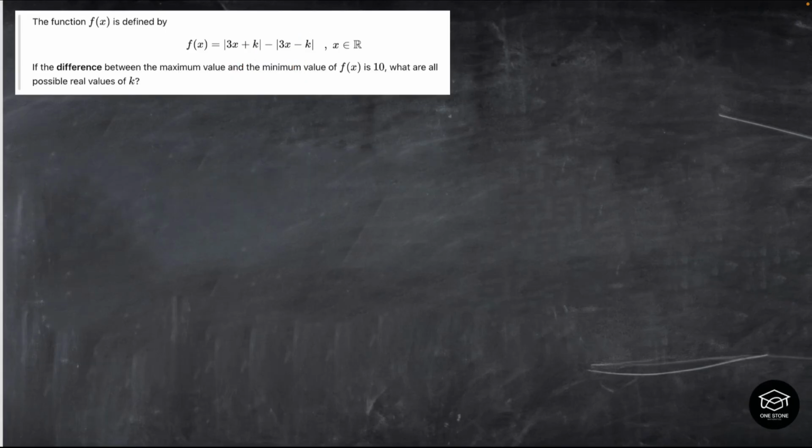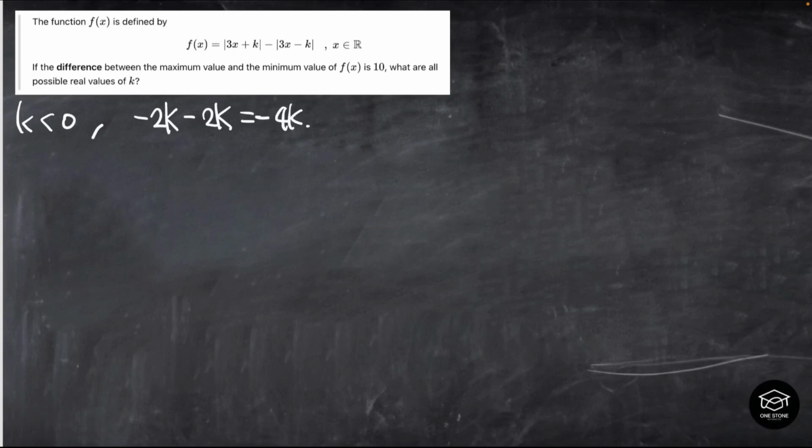Now let's consider the case where k is less than 0. In this case, when the sign of k is flipped, the graph becomes a reflection over the x-axis. Since k is less than 0, the maximum value becomes negative 2k, and the minimum value becomes 2k. But let's still go through the process carefully, step by step.